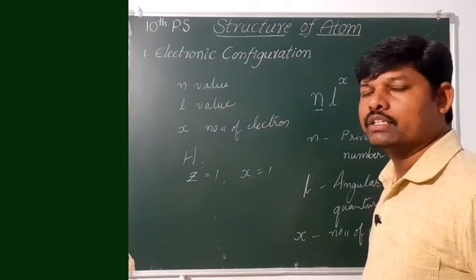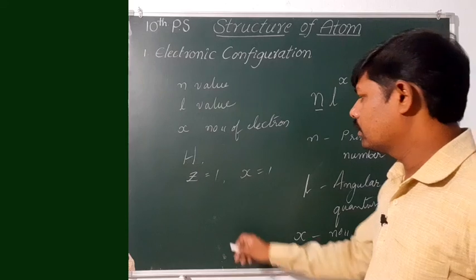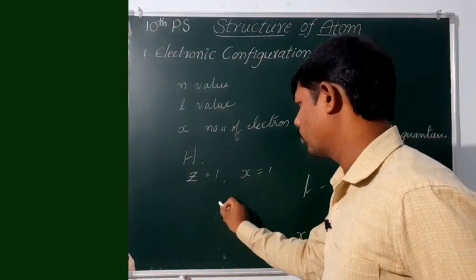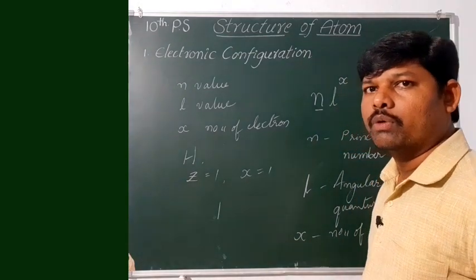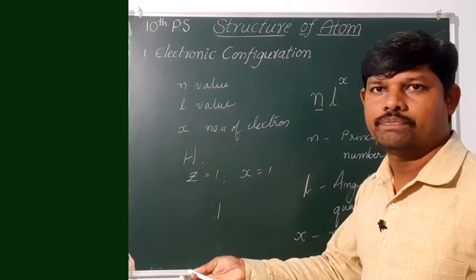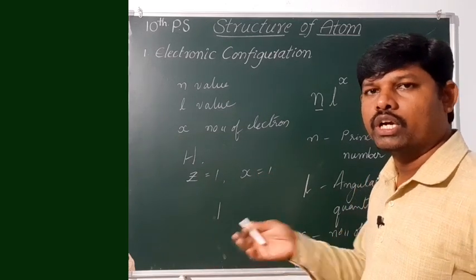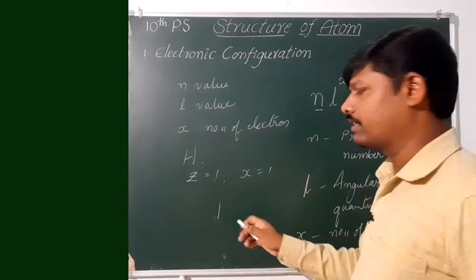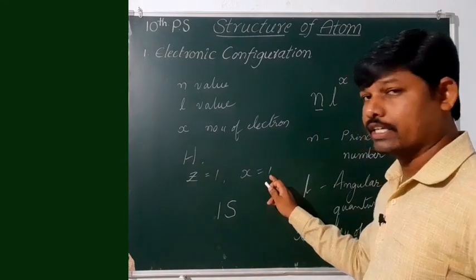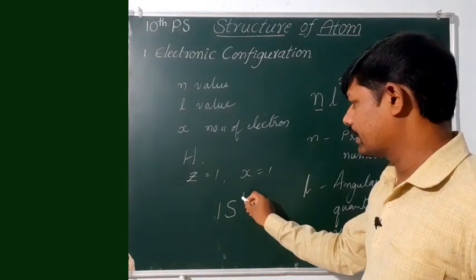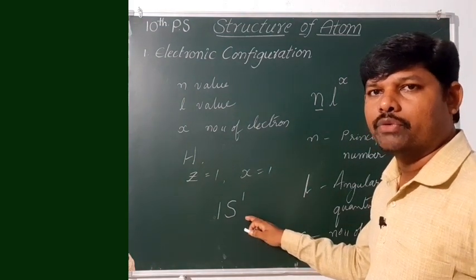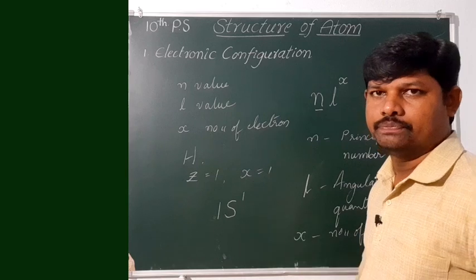Then how can we write the electronic configuration of hydrogen? First the N value, that means 1. Only one electron, so the first electron occupies the first shell. In that first shell only one subshell is there, that is s. So 1s, and the number of electrons we write as a superscript. So 1s1 is the electronic configuration of hydrogen atom.